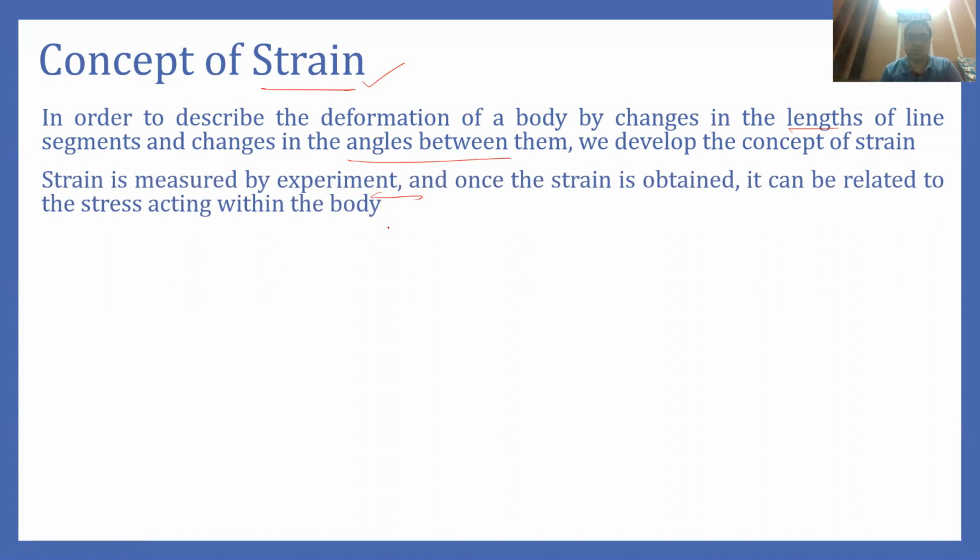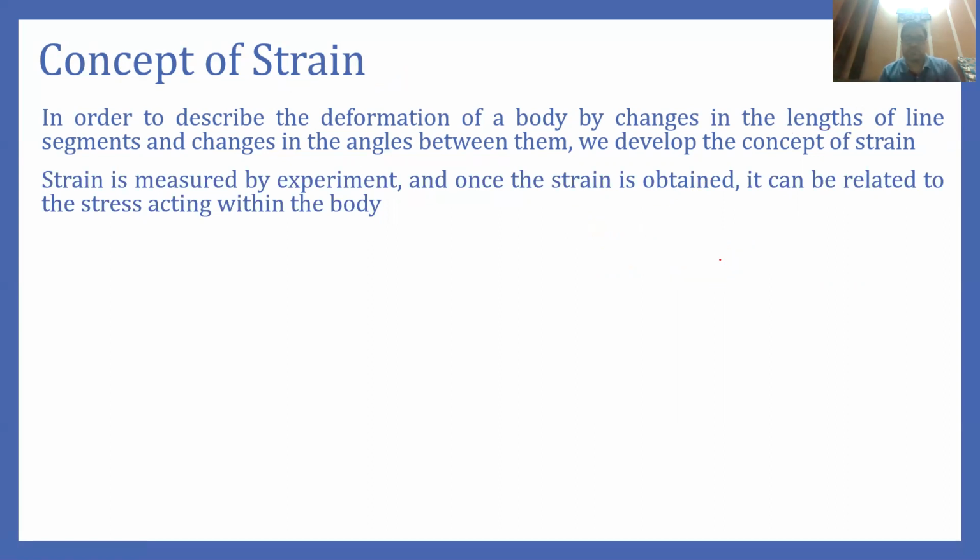Generally we conduct some experiment on the material, and with the help of that experiment we can find the strains. Now till now we have discussed the effect of force in terms of normal stress and shear stress. So the deformation due to normal stress can be quantified in terms of normal strain. Similarly, the deformation due to shear stress can be quantified in terms of shear strain.